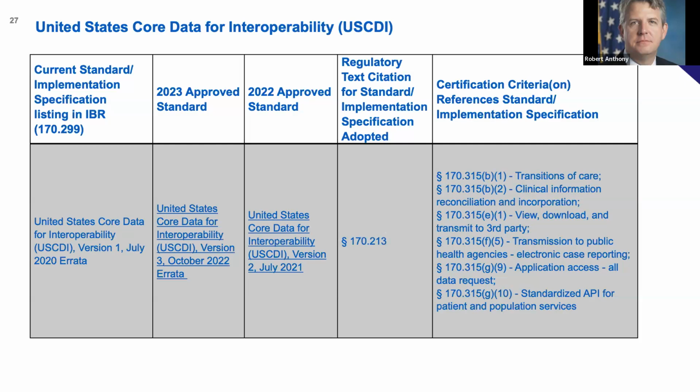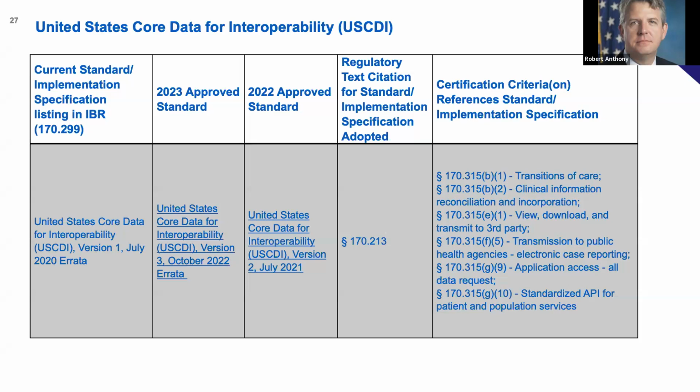So in other words, there are always two standards that are generally available to developers to be conformant to. There is the regulatorily required standard, and then there is whatever the latest SVAP approved standard is.